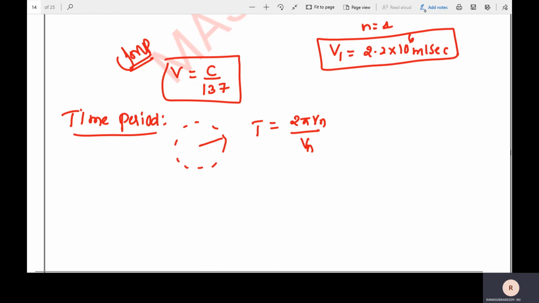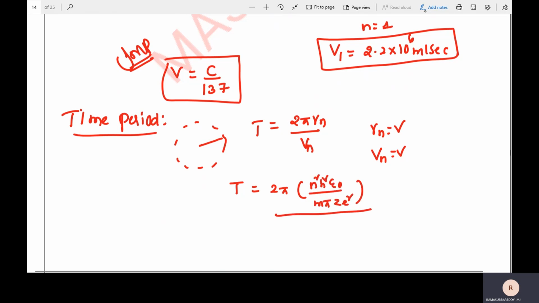If it is the nth orbit, we know the rn value and we know the vn value. Just simply substitute and we'll get our time period. Then T is equal to 2 pi, rn value is n square h square epsilon naught by m pi Z e square, whole divided by the vn value, Z e square by 2nh epsilon naught.